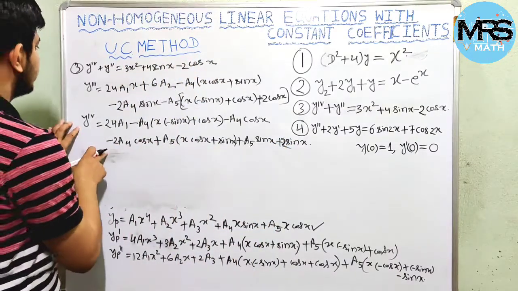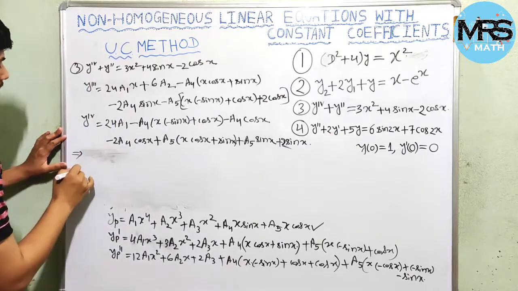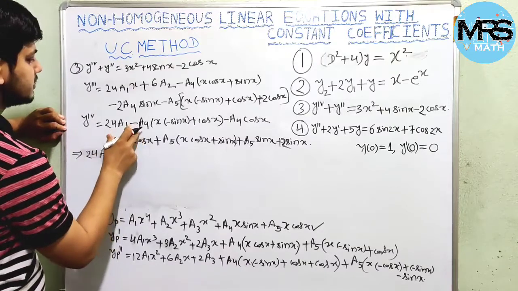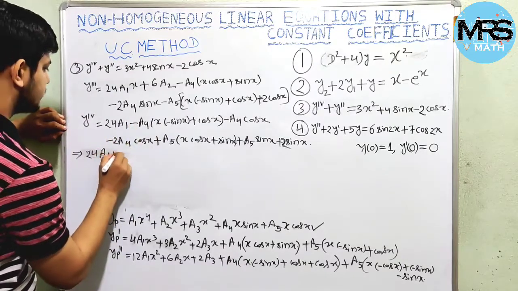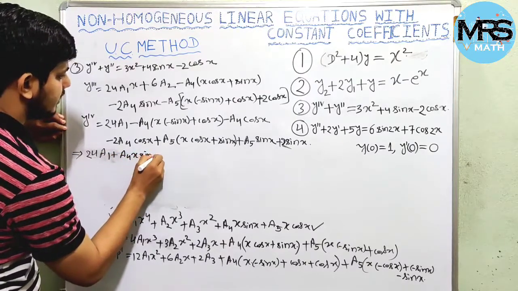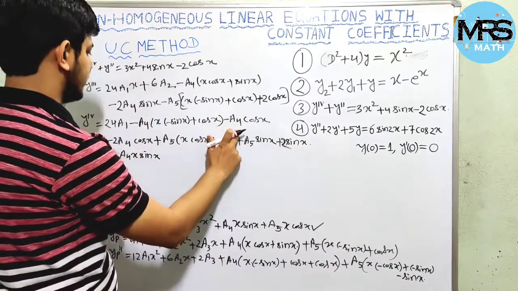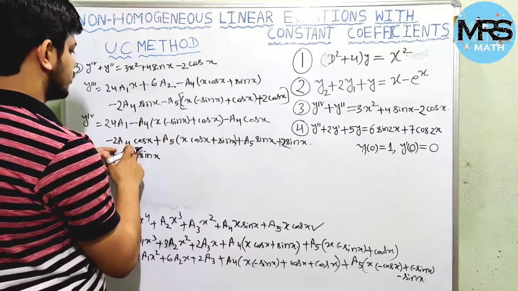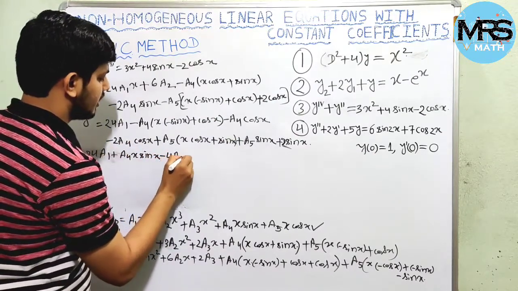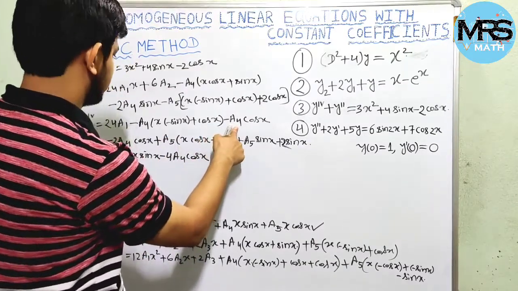So now we will put this y4 y2 in this equation, so what we can write then, that is 24 a1, so this is minus, so plus a4 x sin x, this is minus a4 cos x, this is minus a4 cos x, that is also minus a4 cos x, so we can write minus 4 a4 cos x, this one is over.